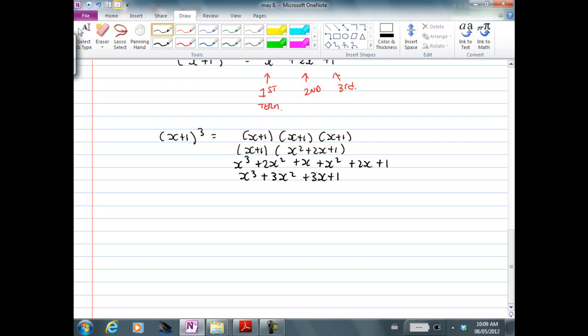And that's what it is. Again, this is term 1, 2, 3, and look how many terms there are. There are 4 terms. I'm going to introduce a few more vocabulary words for you.